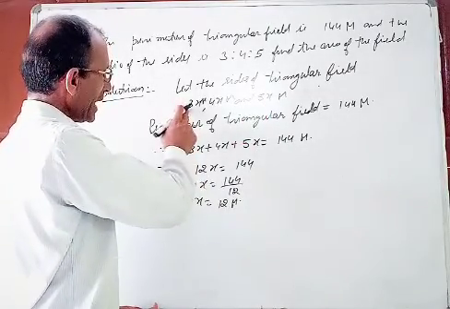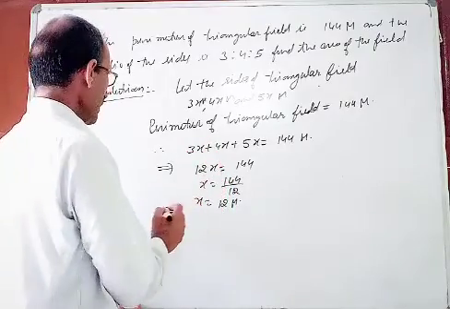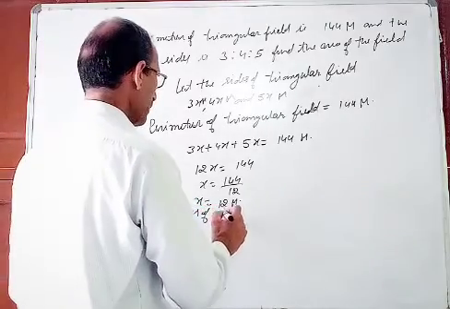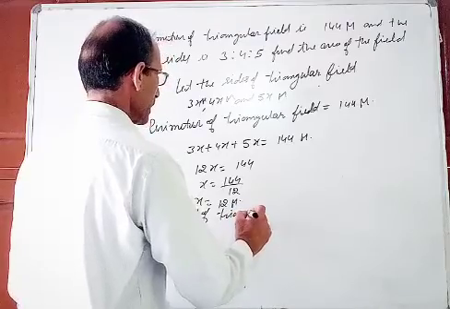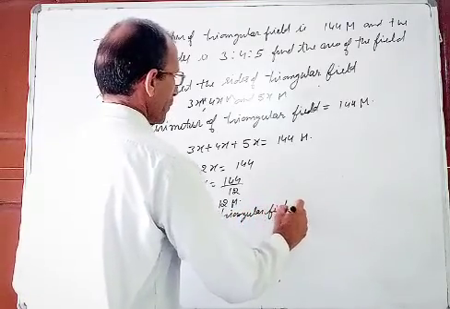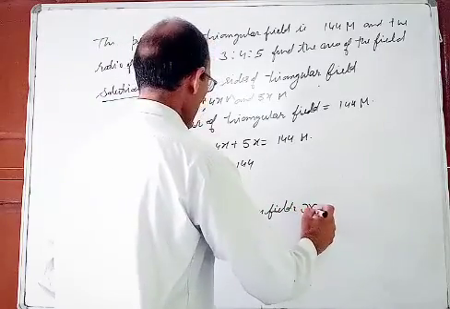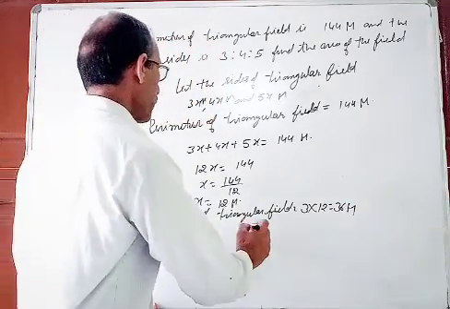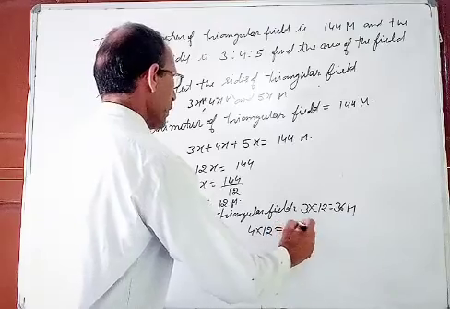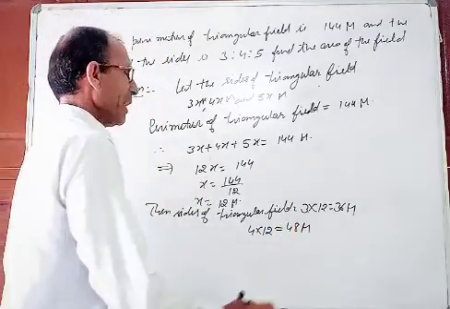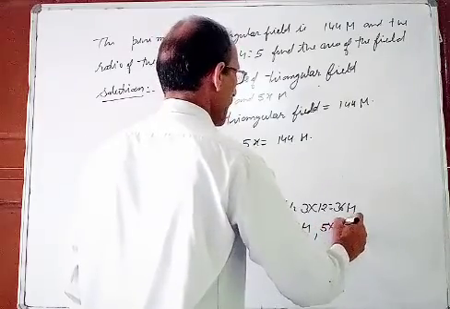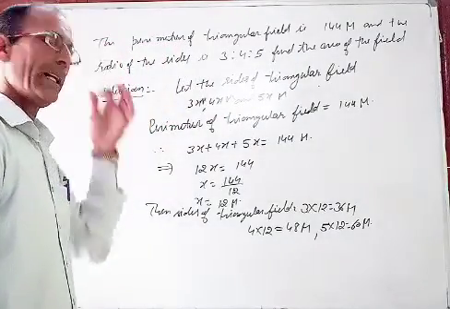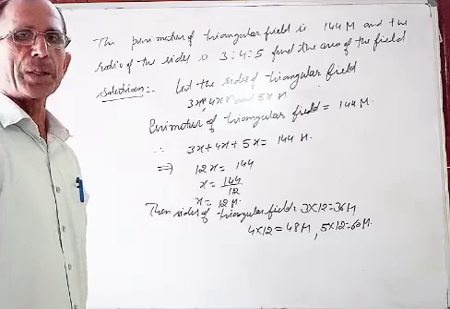So multiply: 3 times 12 is 36 meter, 4 times 12 is 48 meter, and 5 times 12 is 60 meter. 36, 48 and 60 meter. These are the sides of the triangular field.